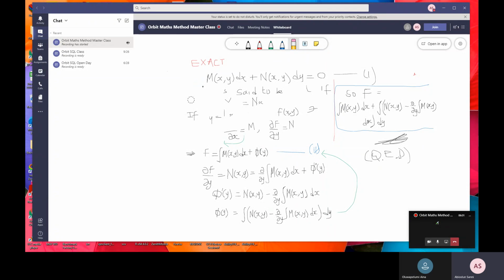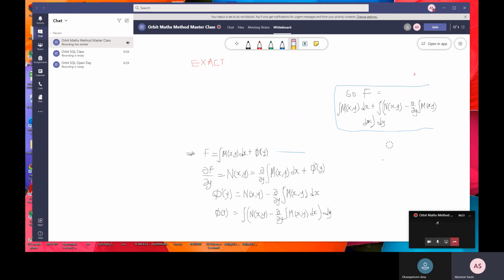Okay, so we did this on Monday. Basically, to solve exact equations, we have two methods: this formula method, and what we call the grouping method. The grouping method is not ideal.